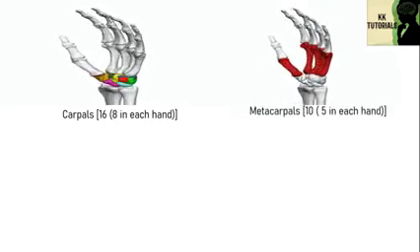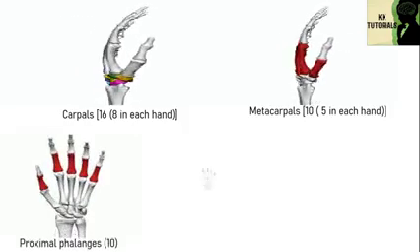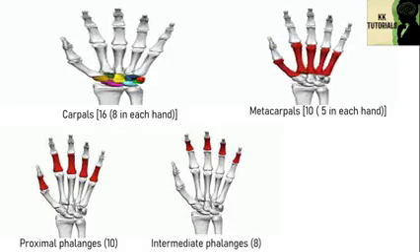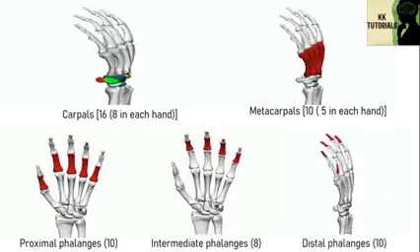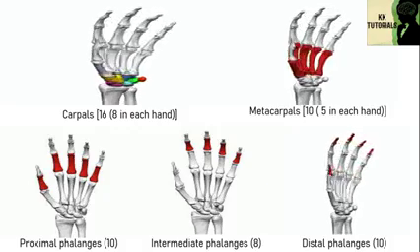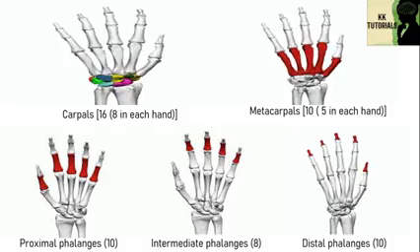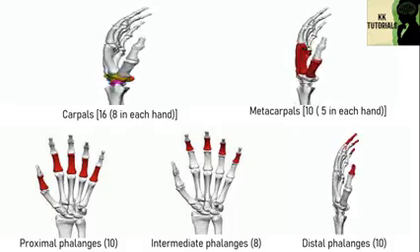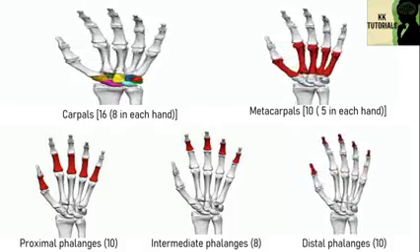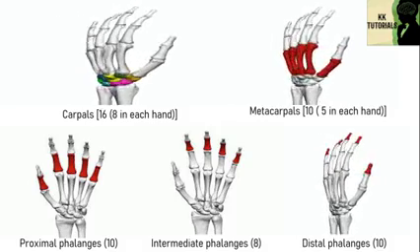Then come the phalanges, which are divided into proximal phalanges, intermediate phalanges, and distal phalanges. There are a total of 10 proximal phalanges, 8 intermediate phalanges, and 10 distal phalanges. From the images, you can understand it well. See, there are 8 intermediate phalanges instead of 10 because they are not present in our thumb.